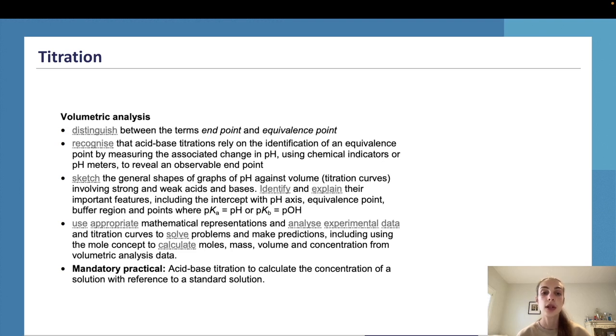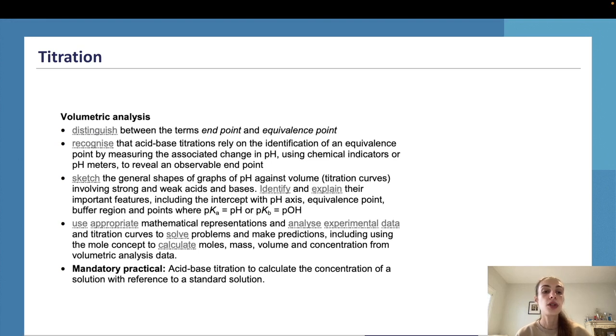This is going to include the intercept with the pH axis, the equivalence point, the buffer region, because we are bringing in all these concepts which we've already discussed, so buffers as well, and the points where pKa equals pH or pKb equals pOH. So we can see that all the concepts we've been learning throughout acids and bases and equilibrium tie together when we bring it all together in the concepts of titration.